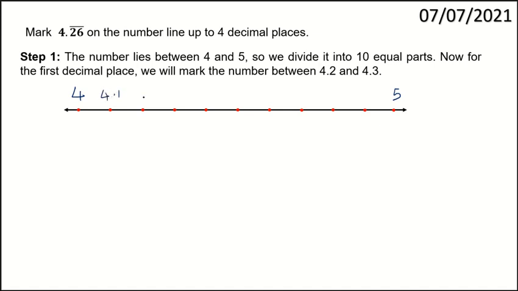That is 4.1, 4.2, 4.3, 4.4, 4.5, 4.6, 4.7, 4.8 and 4.9. Now we have this 4.26 lying between 4.2 and 4.3.